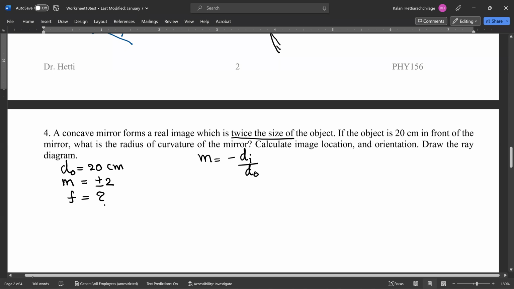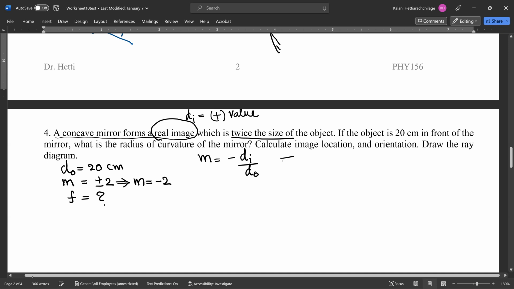But you see here, what is it saying? It will create a real image. What that means is DI should be a positive value. To have DI positive, M should be negative. Now you have the conclusion. From these two, M is negative 2, because otherwise your DI will not be positive.